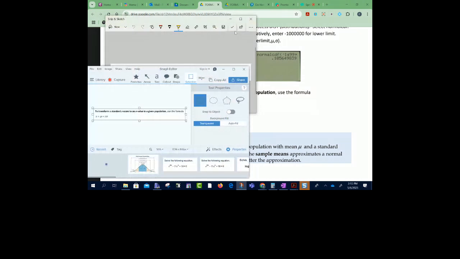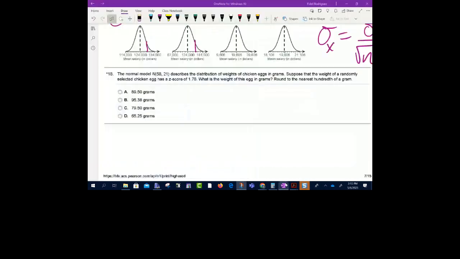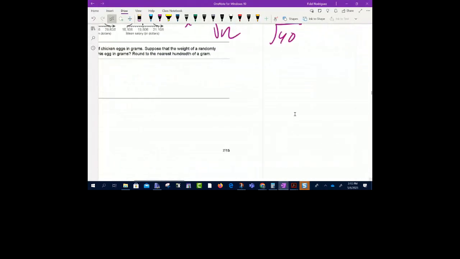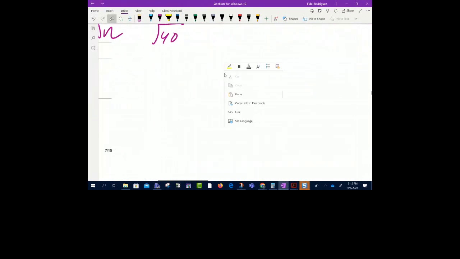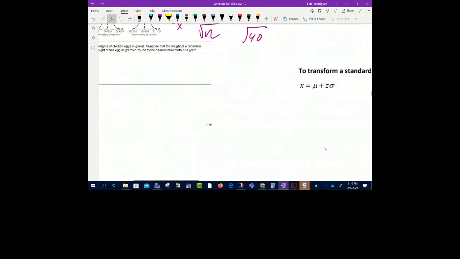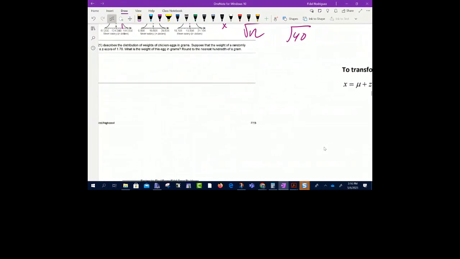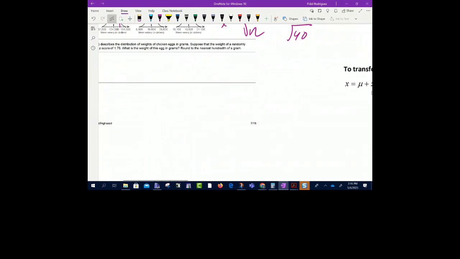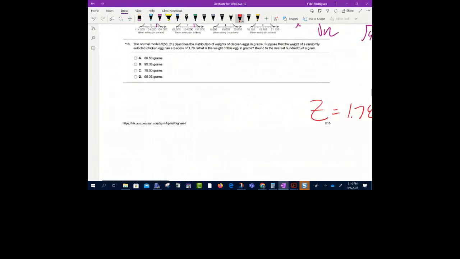Let me take this and drop it over here where we got some room. That's the formula we're going to use. Didn't they give us a z-score in this problem? Yes, 1.78. When they give us these numbers here, that's my mu and that's my sigma.